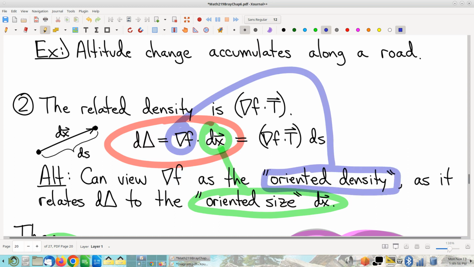Now, this is just a point of view. Question comes up of what's this worth? Why should we care about this? It's going to turn out to be a pretty handy idea later on. Right now, I just kind of want to plant the thought in your minds that you can, again, broaden your idea of what a density is. We spent a bunch of time talking about how the quantity in question doesn't have to be mass.